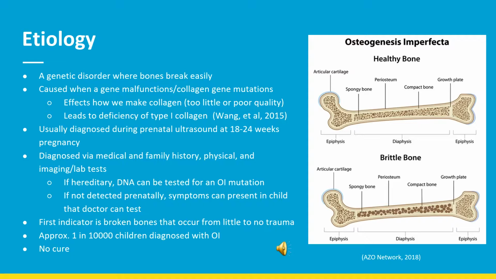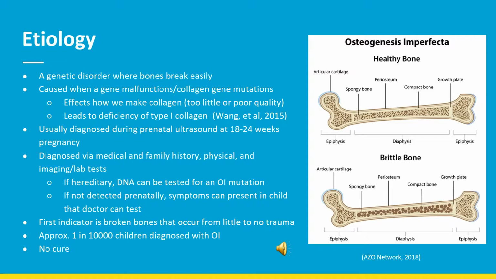It's usually diagnosed during prenatal ultrasound at 18 to 24 weeks of pregnancy. Diagnosed through medical and family history, physical and imaging or lab tests. If it's hereditary, DNA can be tested for an osteogenesis imperfecta mutation. If it's not detected prenatally, symptoms can present in a child that a doctor can test.